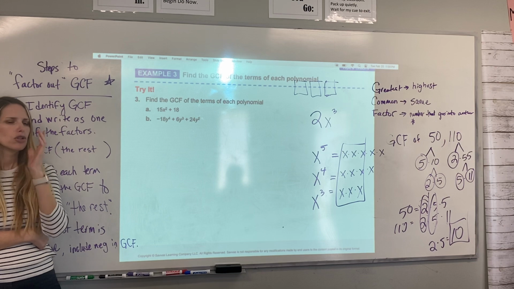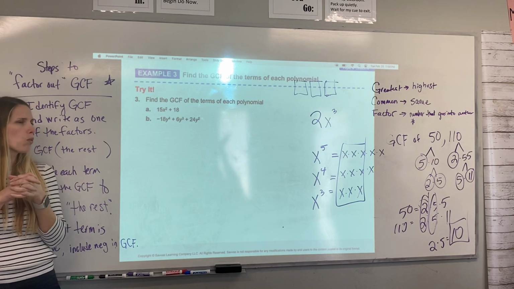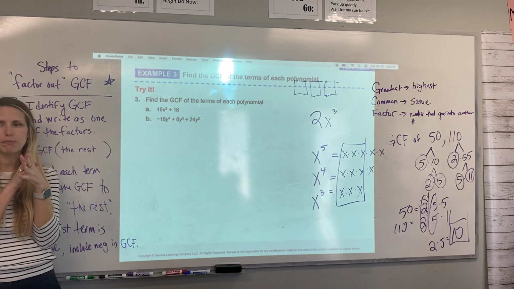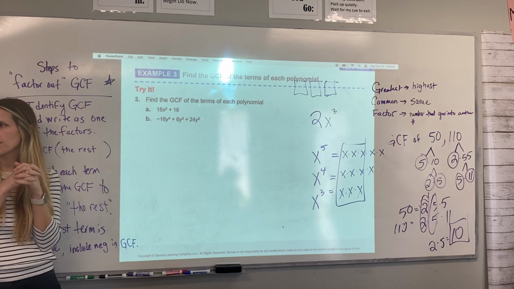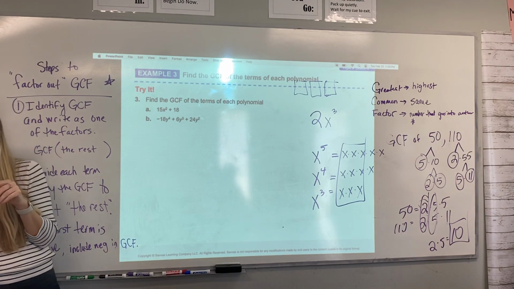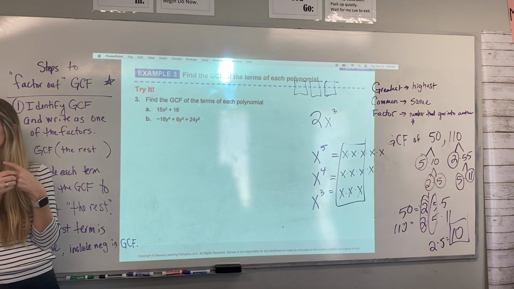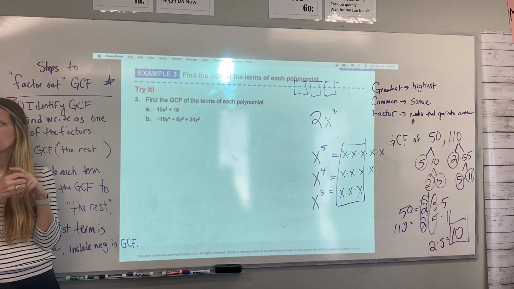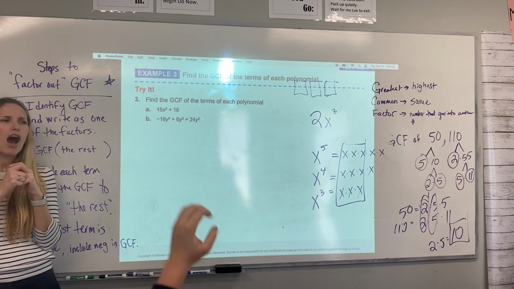Well, what we're asking is what would be the variable portion of this GCF? What? It would stay what? Why are you saying 2? Squared. Is it not squared? Am I blind? Yeah, it's a square.